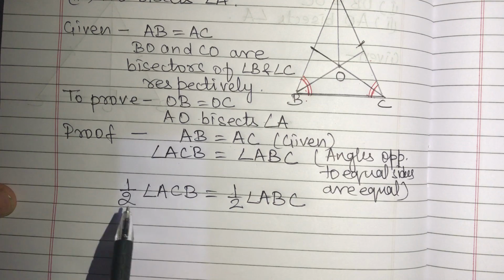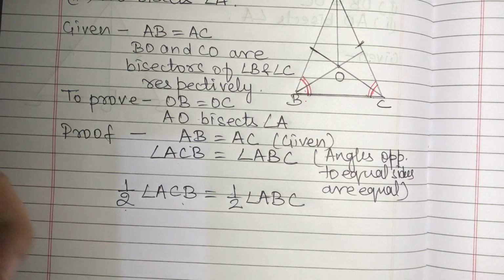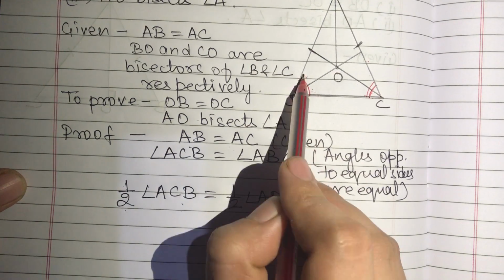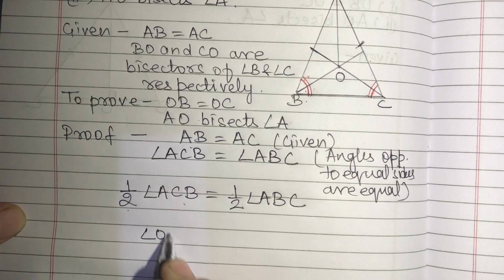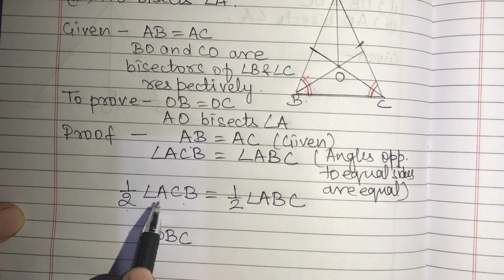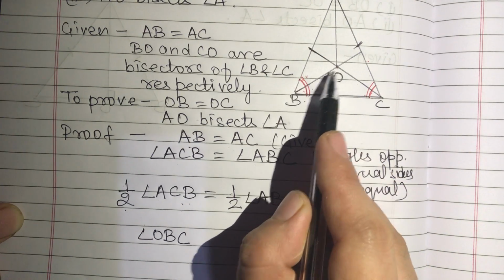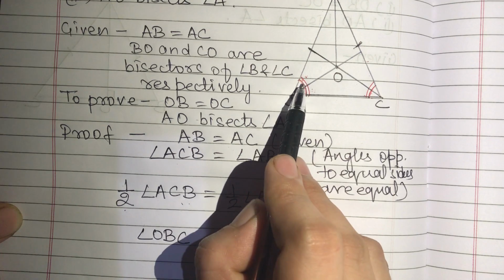Now what is half of angle ACB? Half of angle ACB means these two halves, so we can take any one of the halves. I am taking angle OBC. This angle OBC equals half of angle ACB. Why? Because this is the bisector of this angle, bisecting it into two halves.